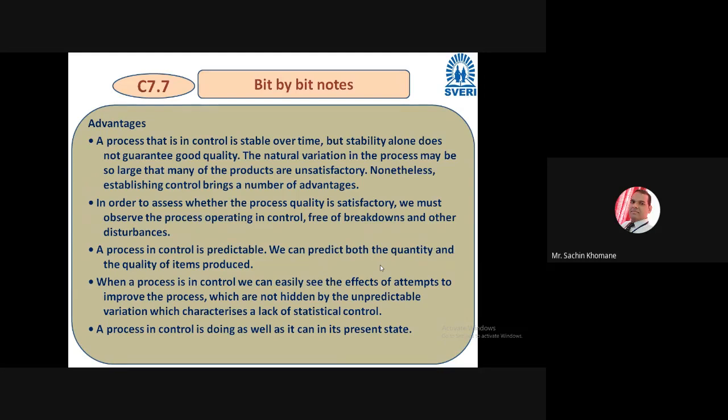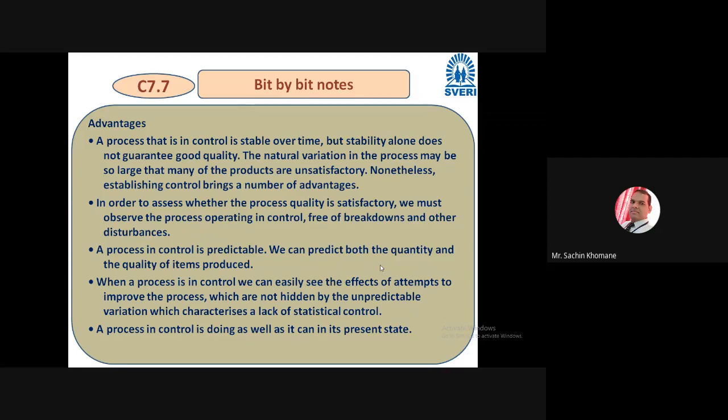Okay, now what are the advantages? Definitely it has so many advantages. A process that is in control is stable over time, but stability alone does not guarantee good quality. The natural variation in the process may be so large that the product may be unsatisfactory.